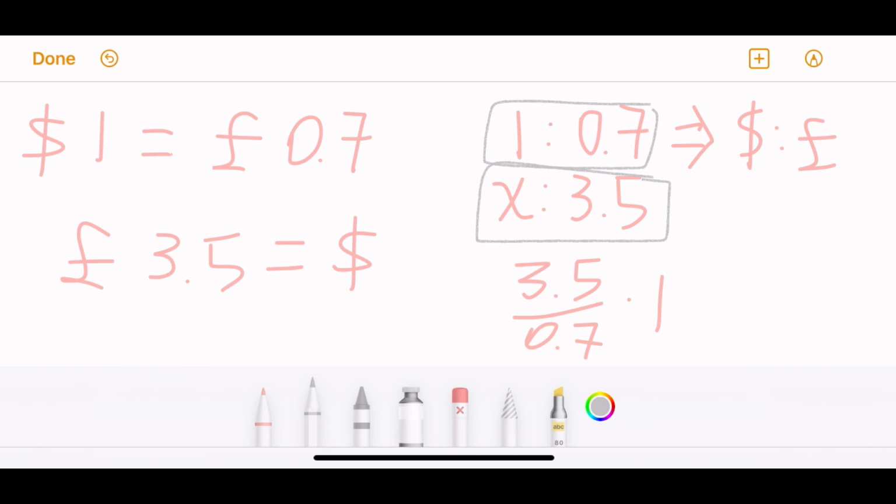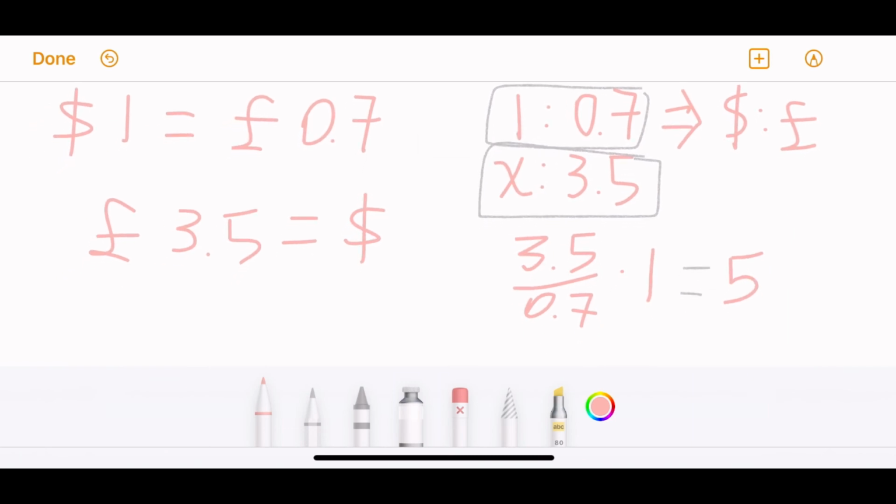So if I multiply 0.7 by a number, I will get 3.5. And if I multiply 1 by that same number, we should get the corresponding value of x. I will get 5 multiplied by 1, and that is just 5. So my final answer is 3.5 pounds equals $5. And that's done with this problem.